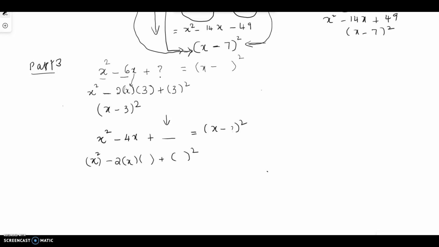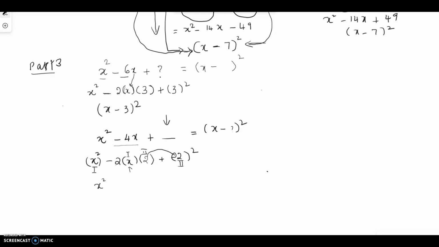So let's stop and think. We have a negative 4x here. A negative 2 times a 2 would make it a negative 4, and we have the x, so that would make it a negative 4x. So this is the first term, this is the first term and the second term, and here we want this to be the square of the second term, which means the 2 from here fits in.